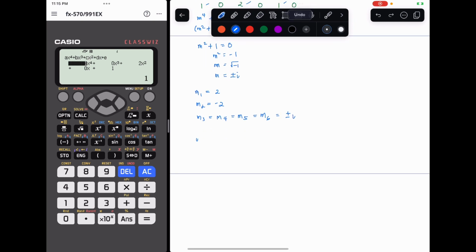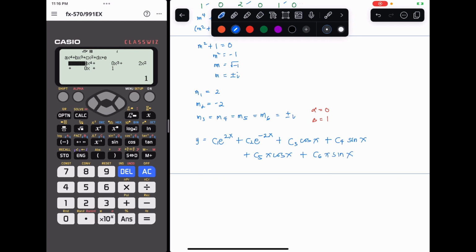So therefore, this would be y equals c1 e raised to 2x plus c2 e raised to negative 2x plus, so our alpha here is 0, our beta is 1. So therefore, plus c3 cosine x plus c4 sine x. But then since this is repeated, I'll have plus c5 x cosine x plus c6 x sine x.